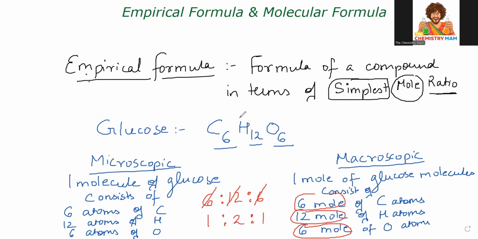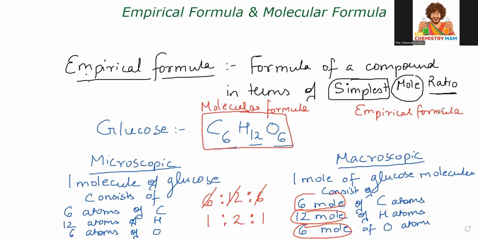So my glucose has molecular formula C6H12O6. And empirical formula, as I've calculated over here, the mole ratio originally was 6 is to 12 is to 6, which has been simplified to 1 is to 2 is to 1, and you don't write 1, you just simply write it as CH2O.